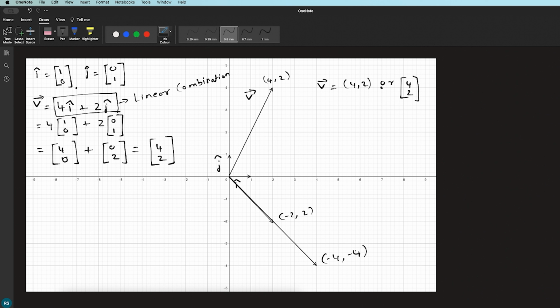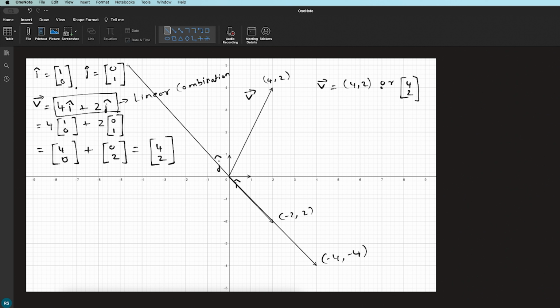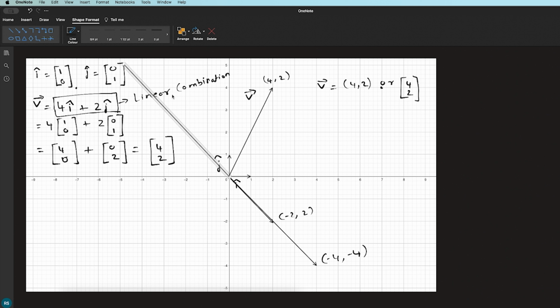When I perform the linear combination of these two vectors, the resulting vector will lie on this line. Suppose this is the infinite line, and on this infinite line are the two vectors. Using the linear combination of these two vectors, the resulting vector will also lie on the same line.